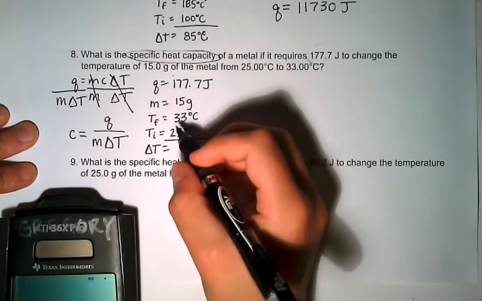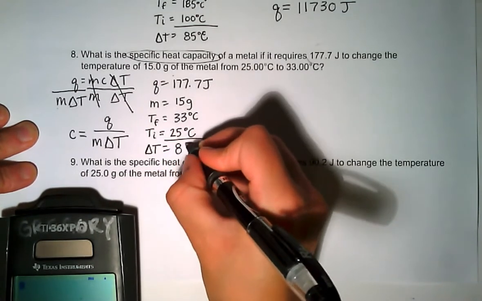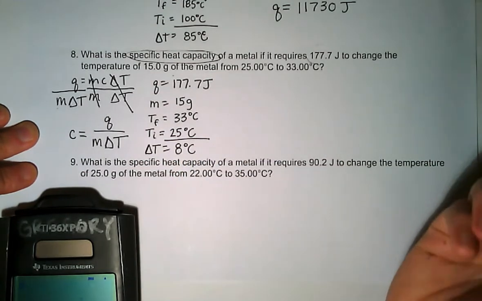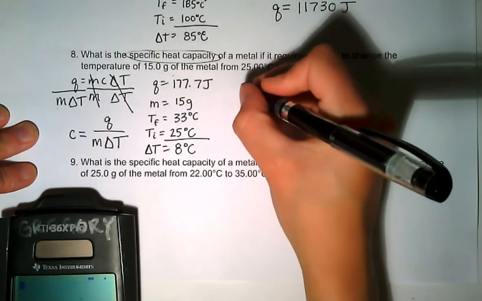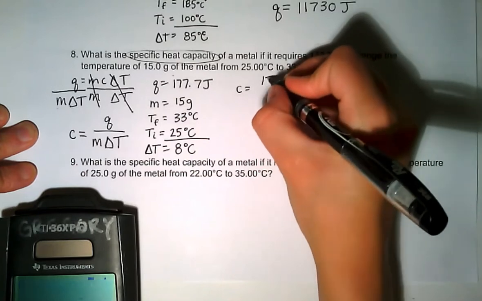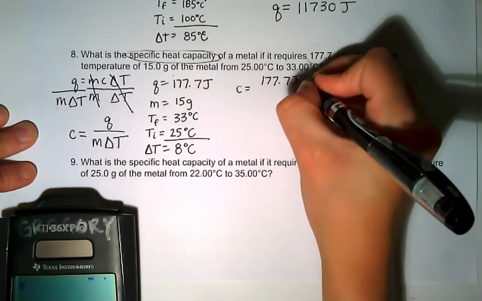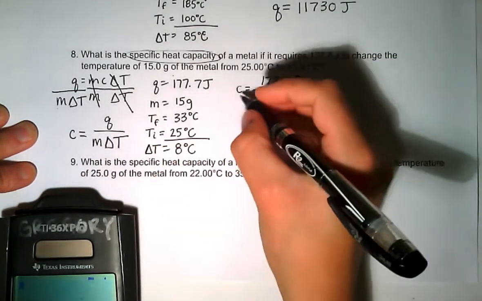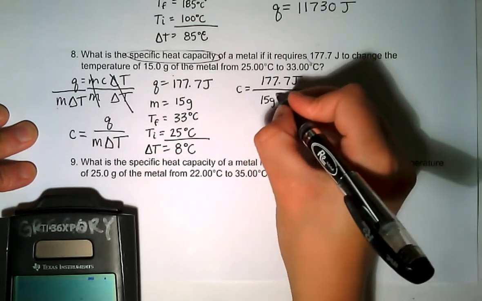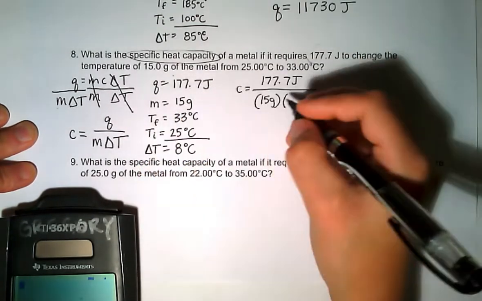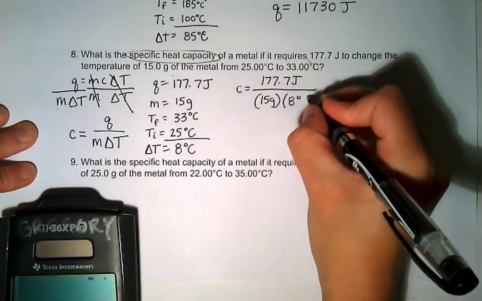And then our change in temperature is 8 degrees Celsius. So now we just need to substitute in. C equals Q, 177.7 joules, divided by M, 15 grams, times delta T, 8 degrees Celsius.